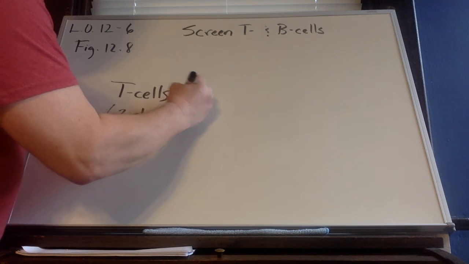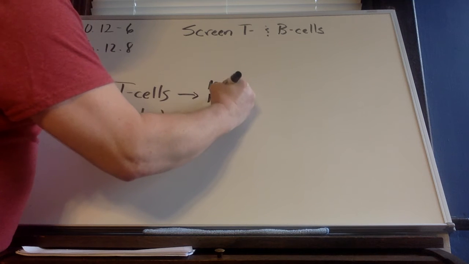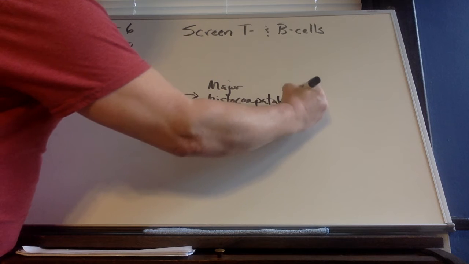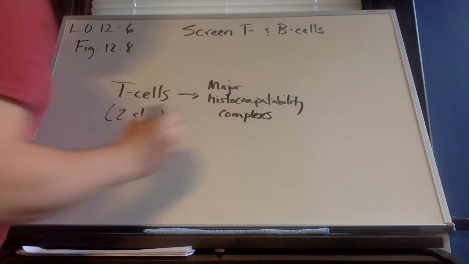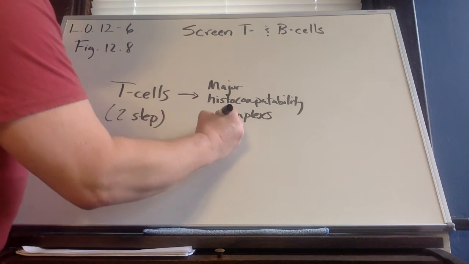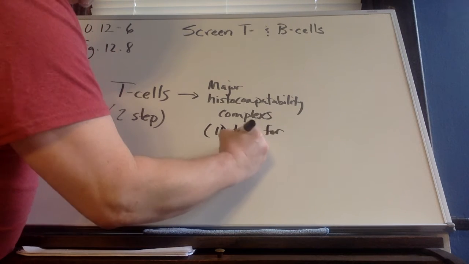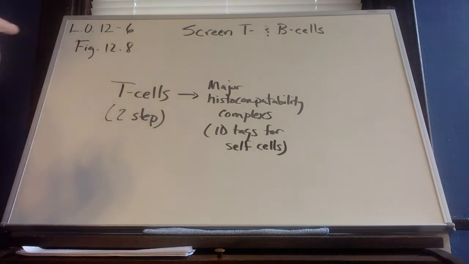I mentioned before that there are these things called major histocompatibility complexes. If a T cell cannot recognize your major histocompatibility complexes, remember these are your ID tags for your self cells, if it can't recognize these, then it's going to start to kill your own cells.